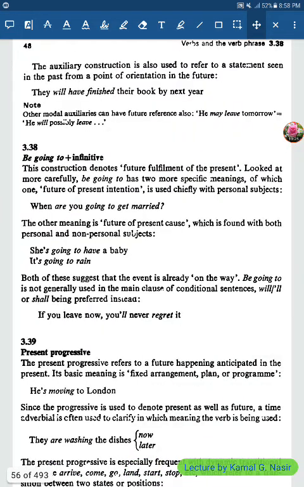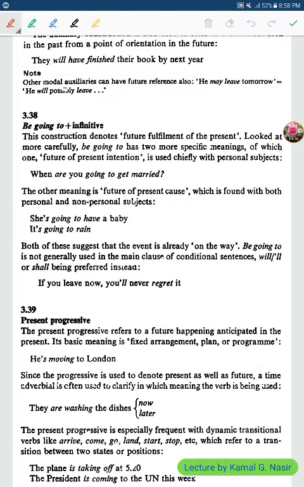What else? There are other auxiliaries. Look at this sentence, for example: they will have finished their book by next year.